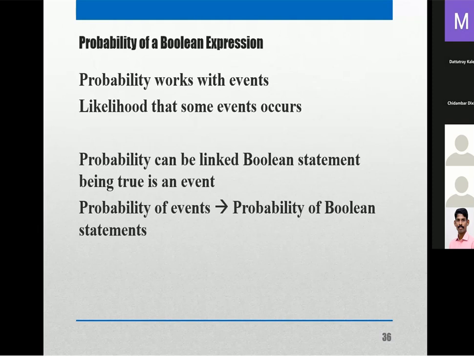A Boolean statement being true is an event that might occur or not occur. So we can talk about the probability of the Boolean statement. Just remember that when we apply probability techniques to a Boolean statement, we are actually talking about the probability of the Boolean statement being true or false.